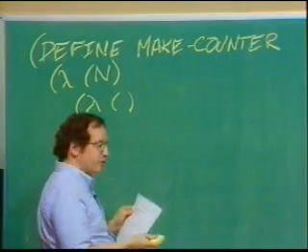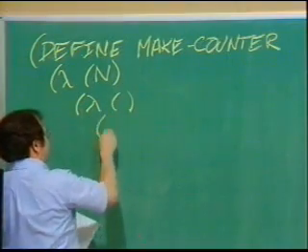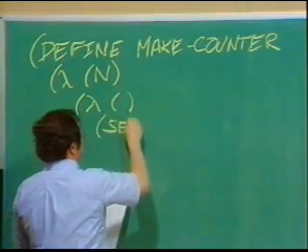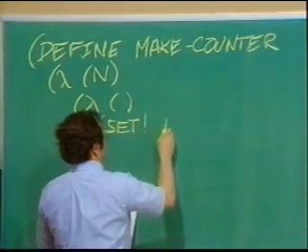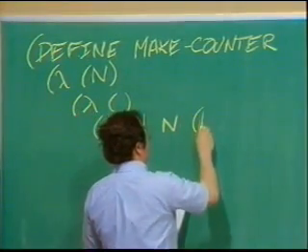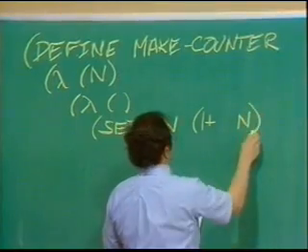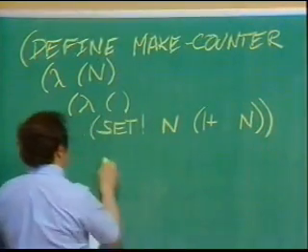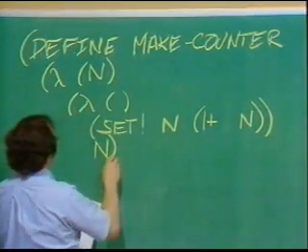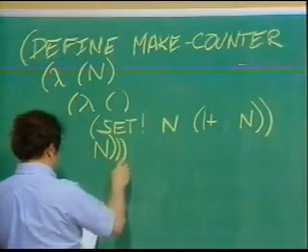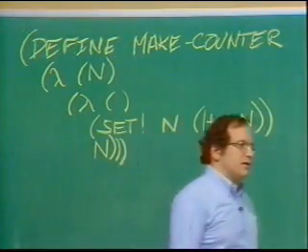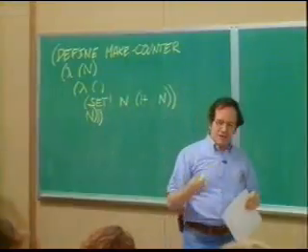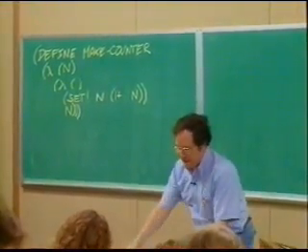It's a procedure that produces a procedure which sets n to the increment of n and returns that value of n. Now we're going to investigate the behavior of this. It's a sort of an interesting thing.